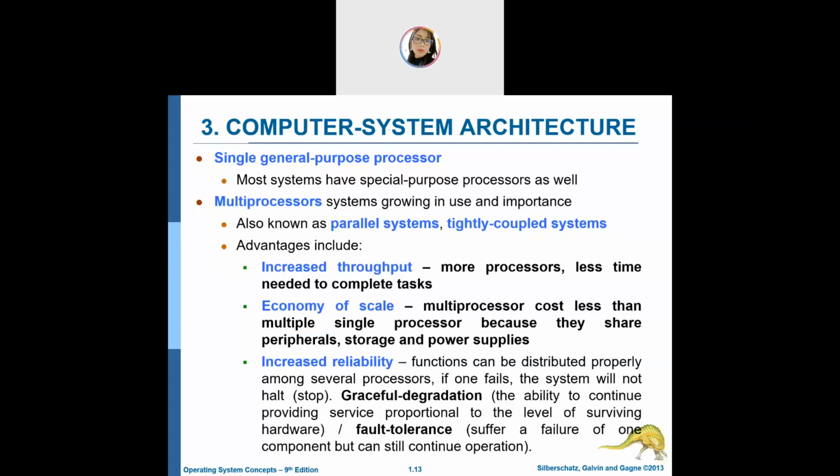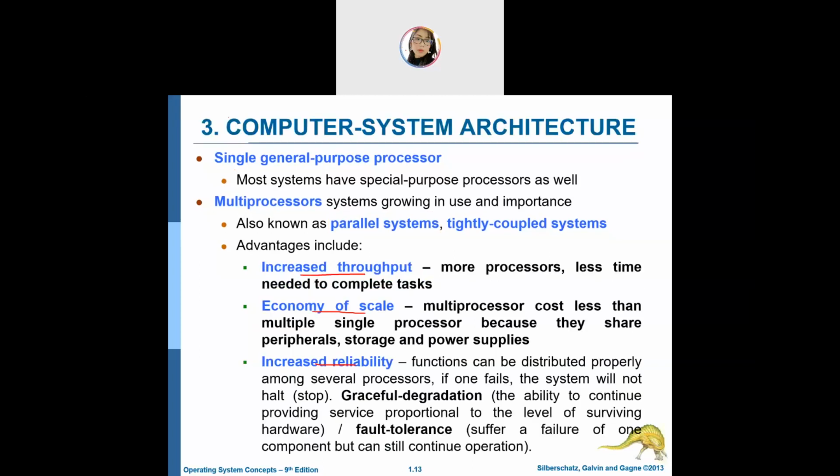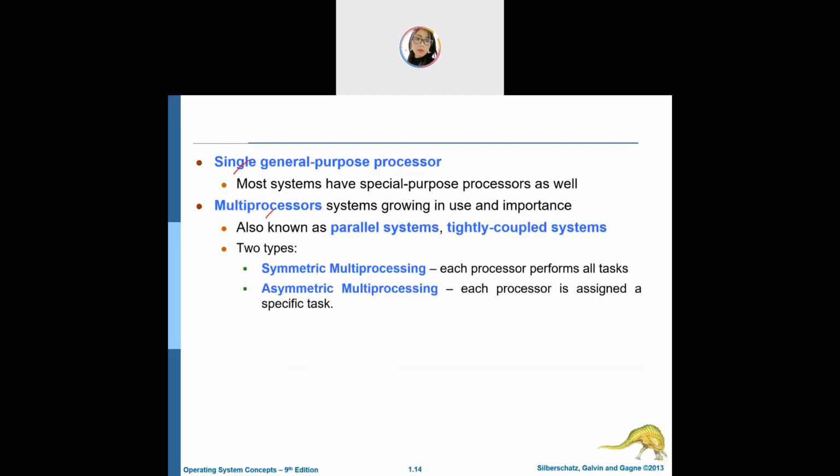The advantages of multiprocessor systems are increased throughput, economy of scale, and increased reliability. And under multiprocessor, you have symmetric and asymmetric multiprocessing.